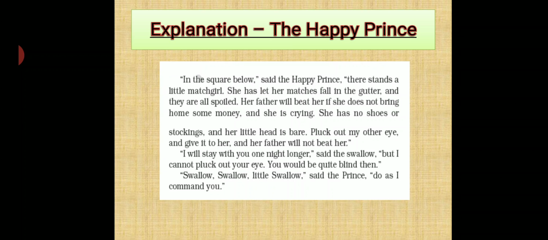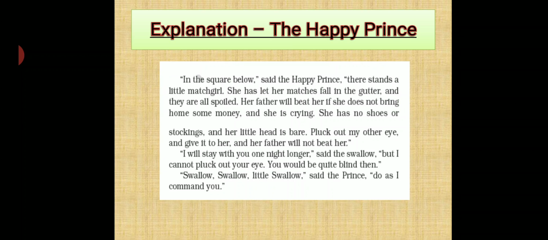The happy prince said that there was a match girl. She was a little girl, and all her matchsticks had fallen in the gutter. That girl had some matchsticks and all her sticks fell in the gutter, and all those matchsticks got wet. All her matchsticks were spoiled, so she could not sell them and she would not earn any money.